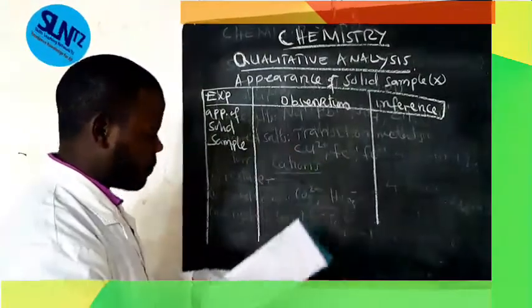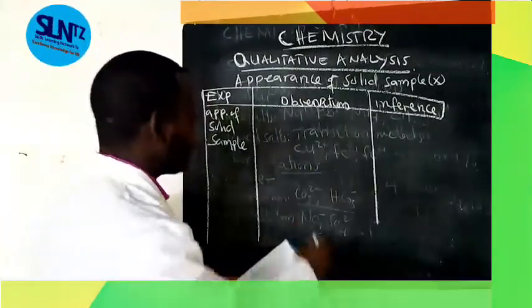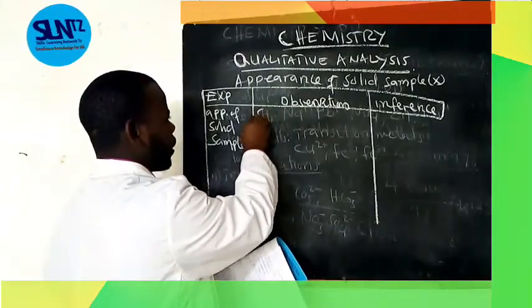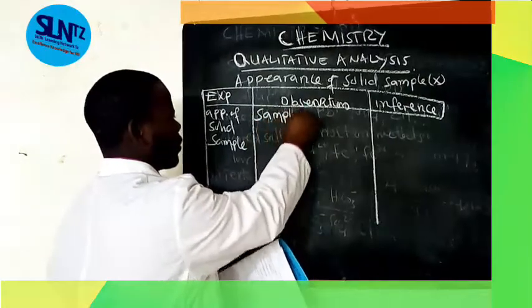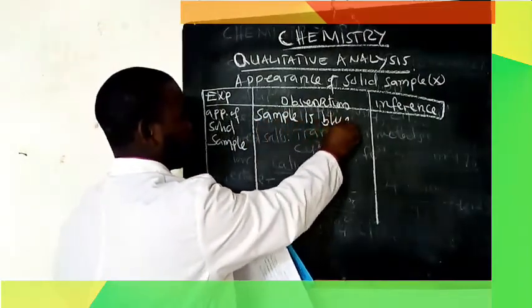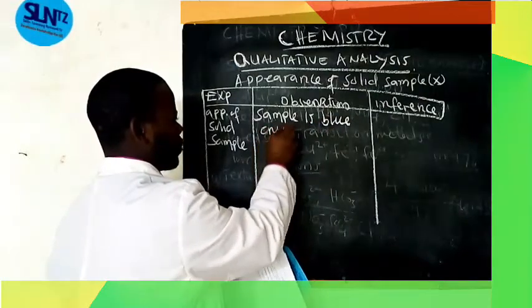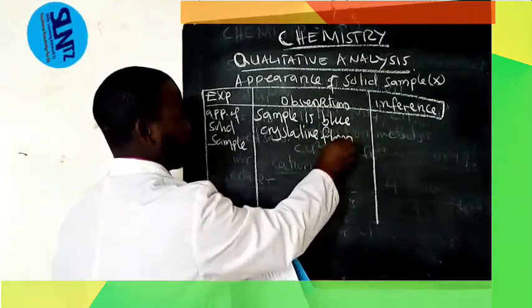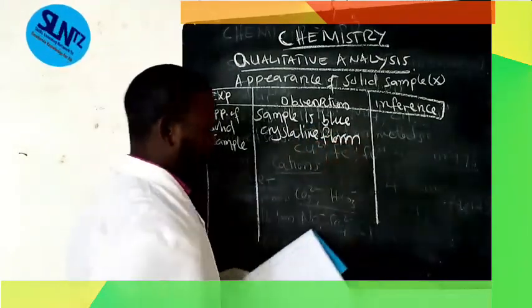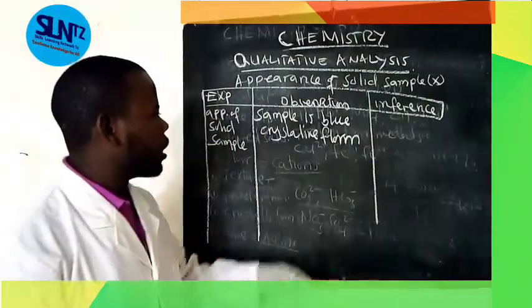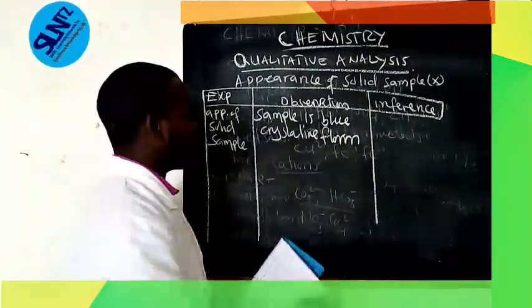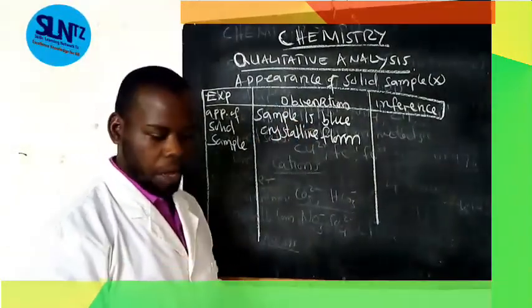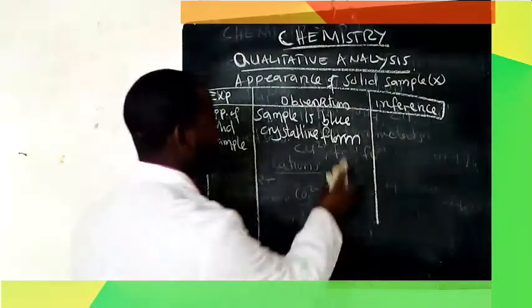So the observation here, my sample is blue. I write: sample is blue crystalline form. Do you see I have joined the side of color and the texture? That is how you have to write it.